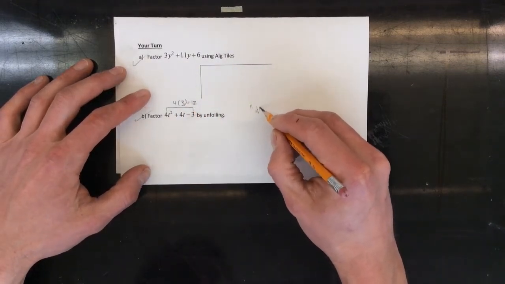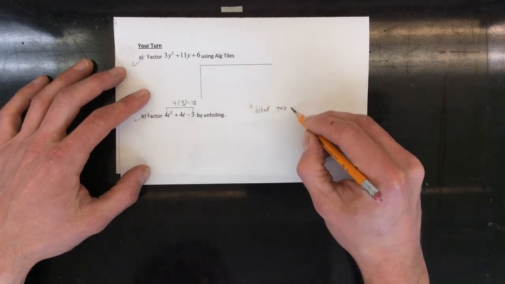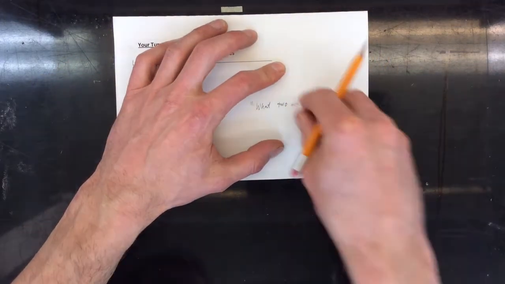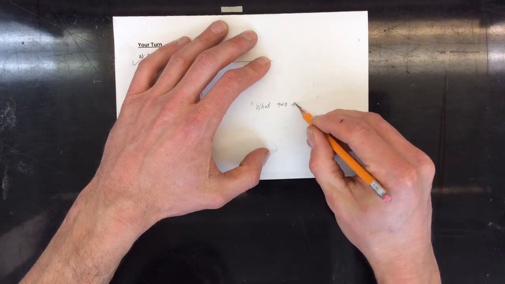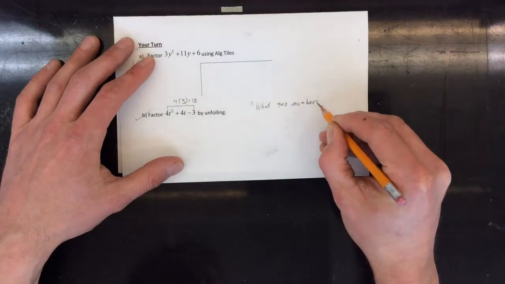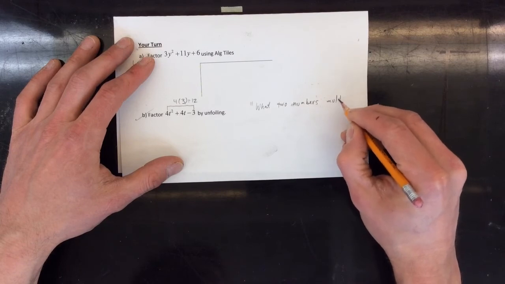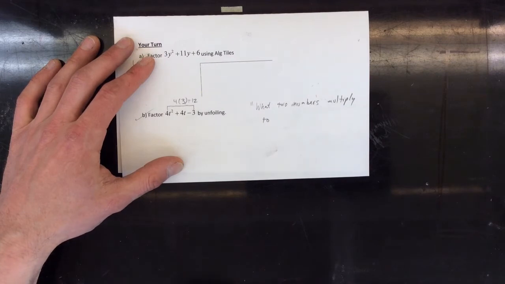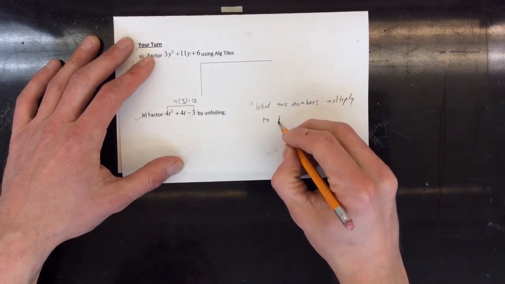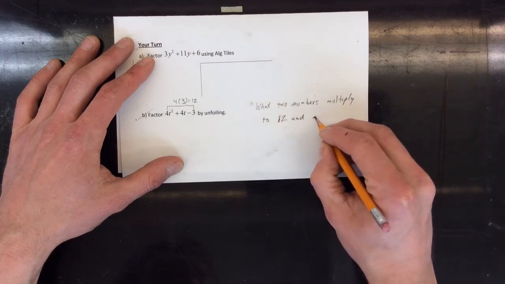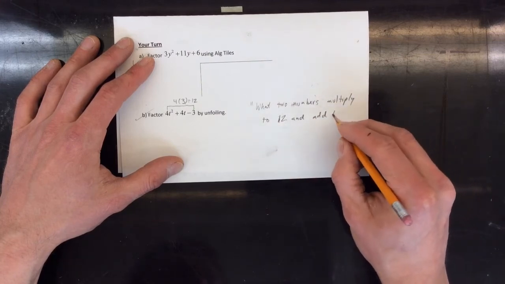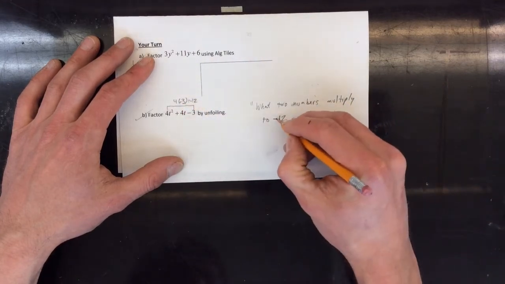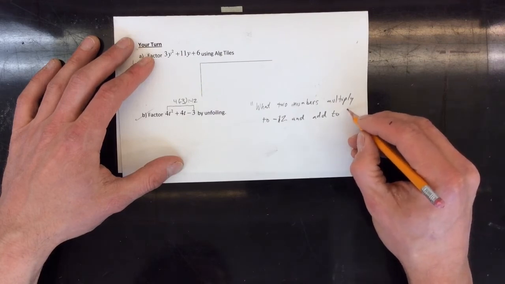So now I ask myself, what two numbers, and you don't need to write that necessarily, multiply to 12 and add to, oh sorry, this should have been -3, -12, and add to 4.